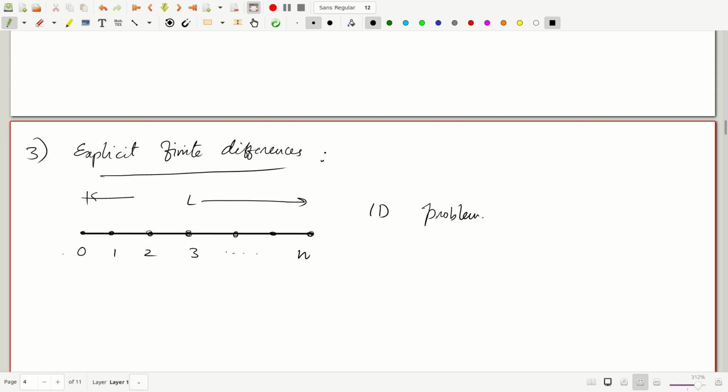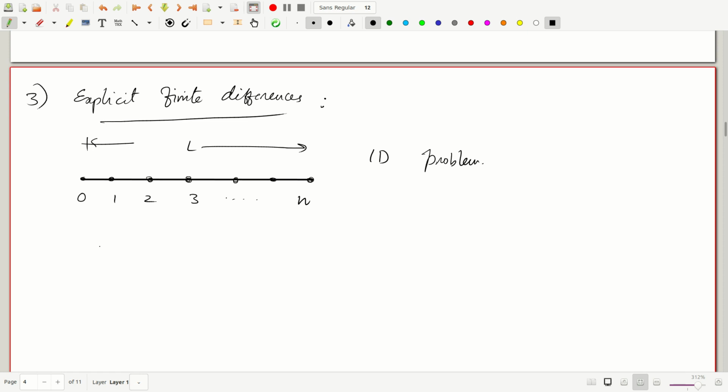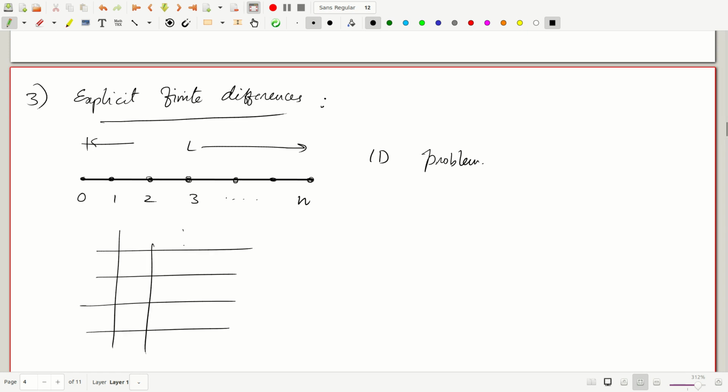Now you can also work with 2D problems. In 2D problems you have a grid that could be uniform or non-uniform, with several points not only in the x direction but also in the y direction. This is pretty standard when you deal with the finite difference method or any other method.